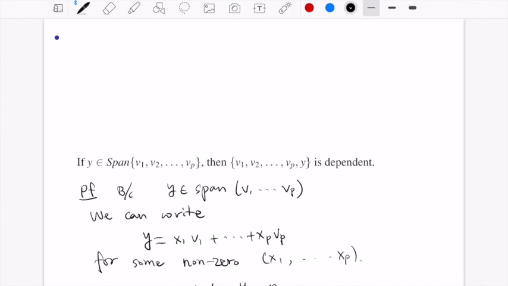It means for the set V1, V2, Vp, and Y, you have non-zero coefficients x1, xp, and negative 1 to make it 0. This is exactly the definition of dependency. Because a non-zero set of coefficients makes the zero vector equation, V1, Vp, together with Y is a dependent set.